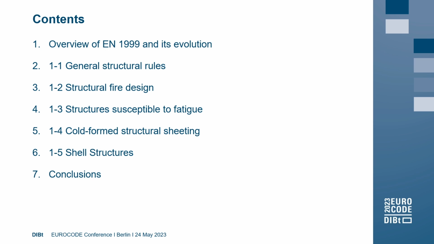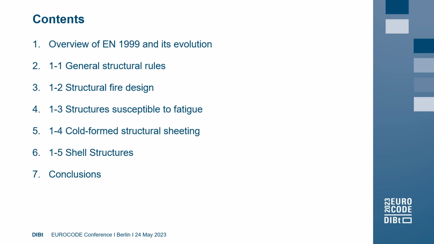This is the general content of Eurocode 9, which reflects the content of the presentation. Eurocode 9 is divided into 5 parts, namely part 1.1 dealing with general structural rules, part 1.2 dealing with fire, part 1.3 dealing with fatigue, part 1.4 dealing with cold-formed structural sheeting, and part 1.5 dealing with shell structures.